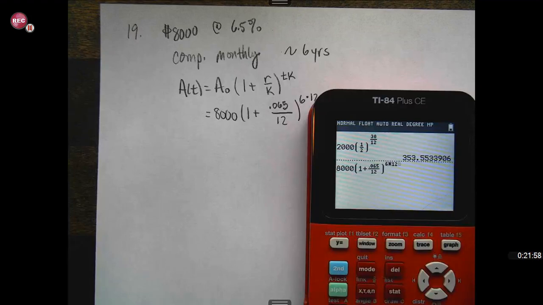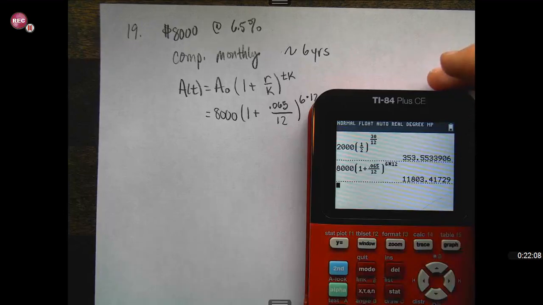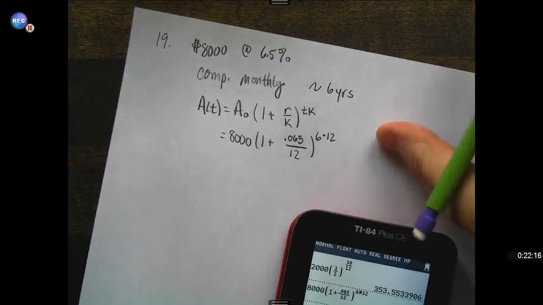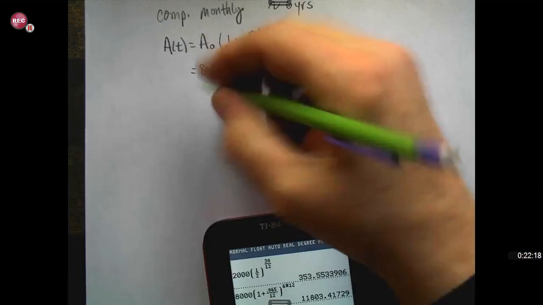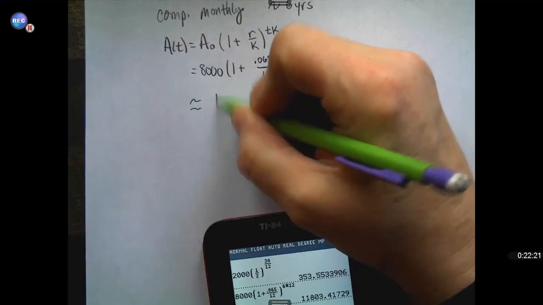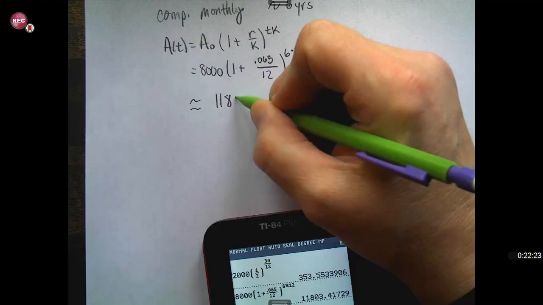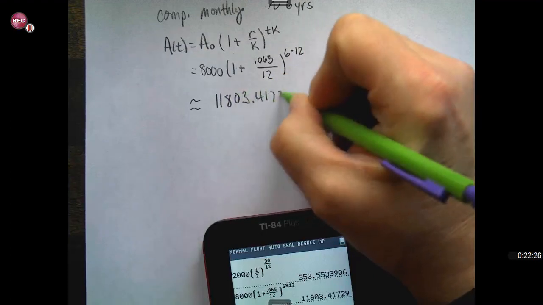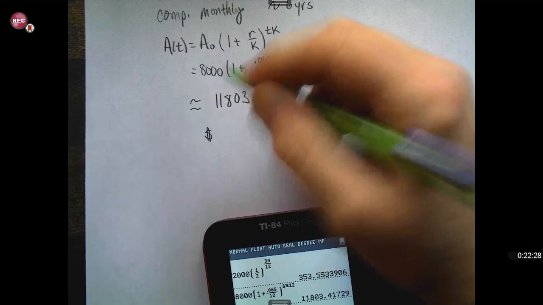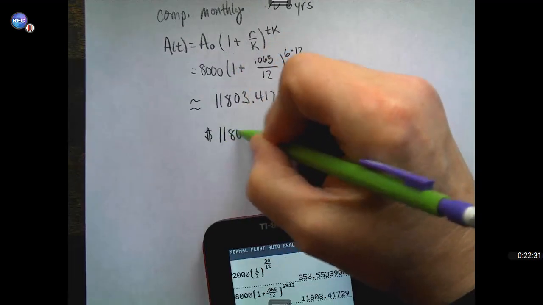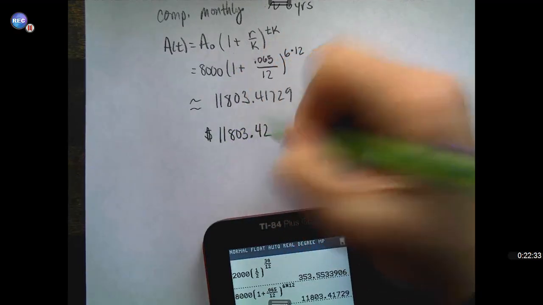Just use the wrong decimal to represent the percent. Not sure why, but that's the most common mistake I see. And at the end of 6 years, we're going to have $11,803.42. So we're going to have approximately 11,803.41729. So how much money is that? $11,803.42.